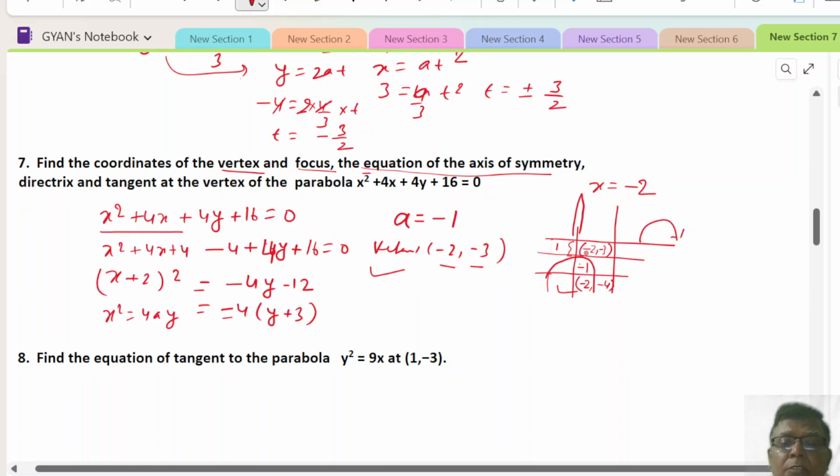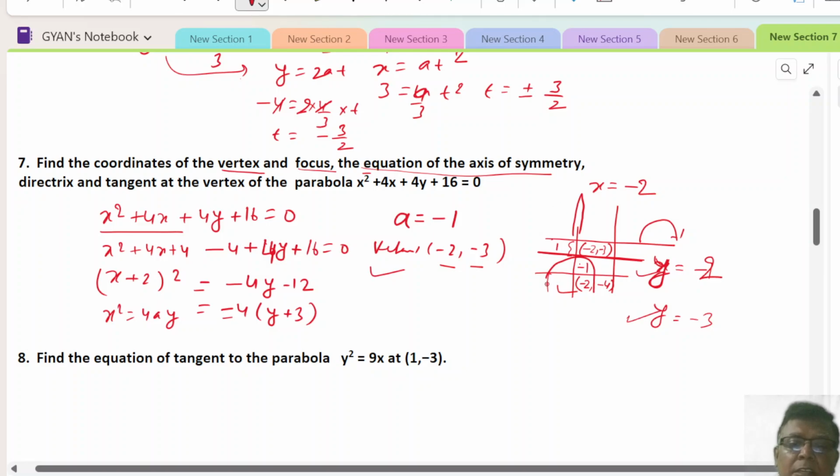So here this is minus 3, so y is equal to minus 2 will be the directrix. And the tangent at the vertex: y is equal to minus 3 is the tangent at the vertex. So that way we'll be able to find.